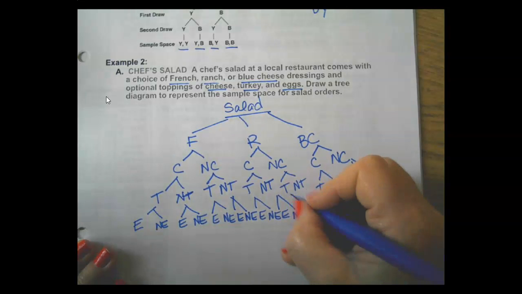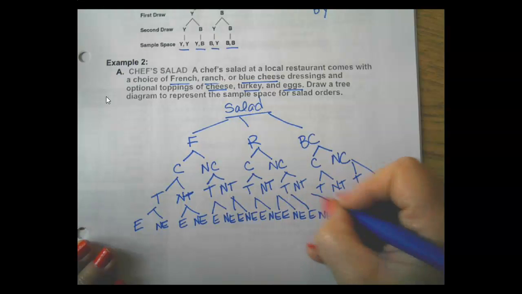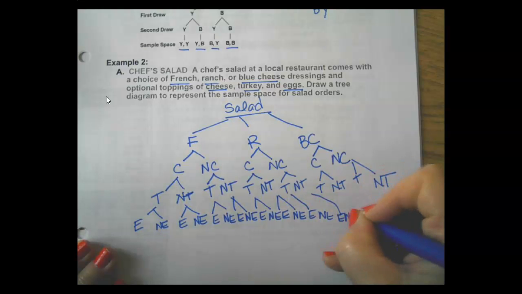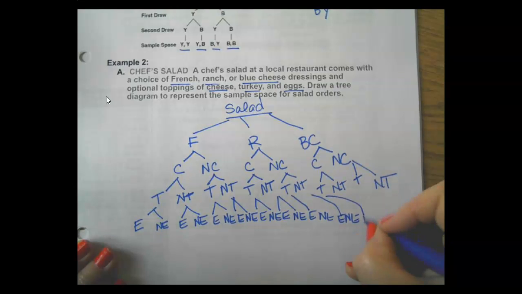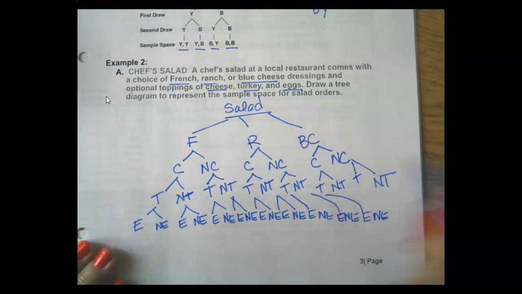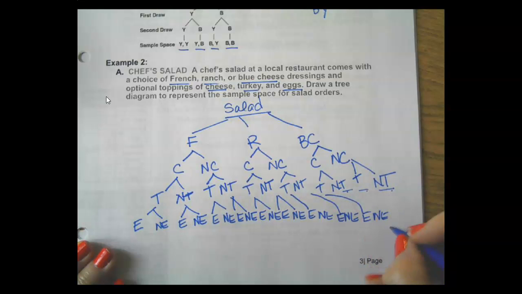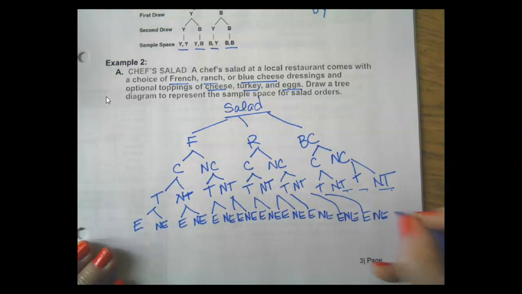Oh my gosh. Oh, I'm running out of room. How many more of these do I have? What is that? 2, 4, 6. So there's 6 more of these. Egg, no eggs.